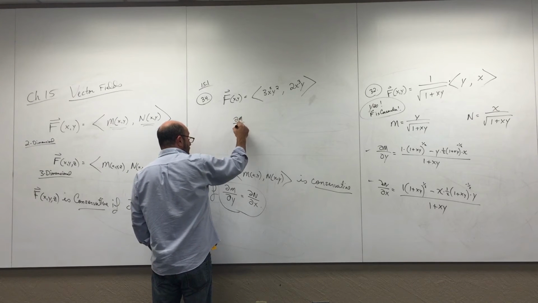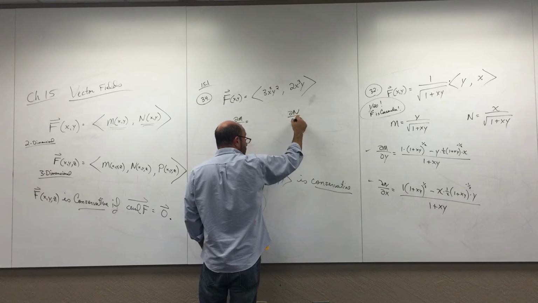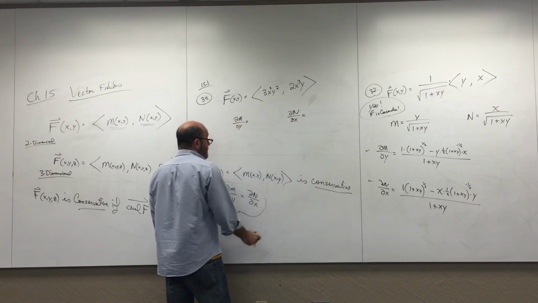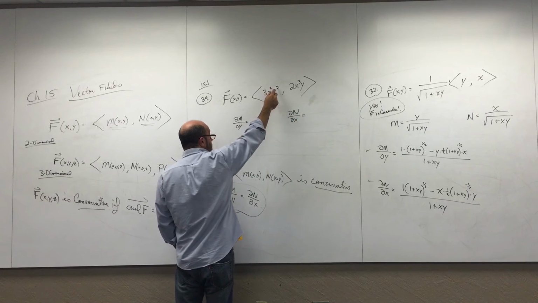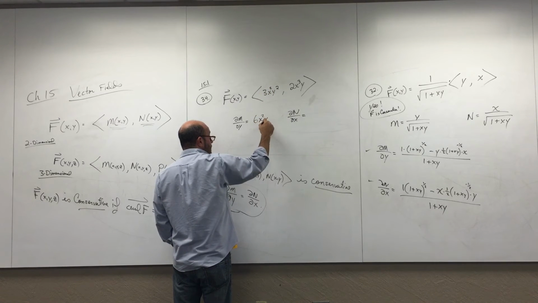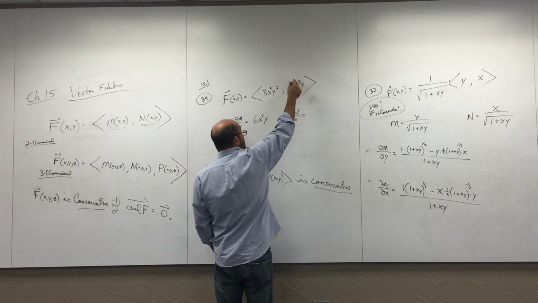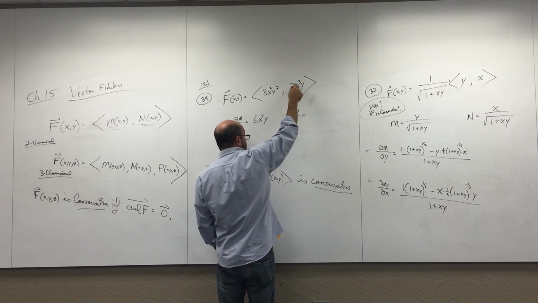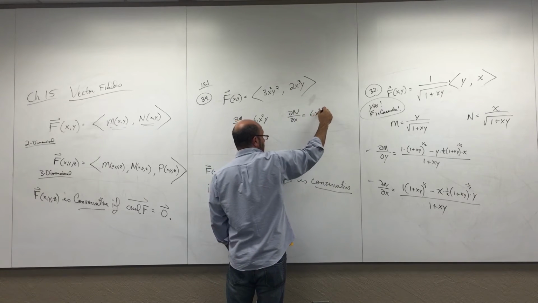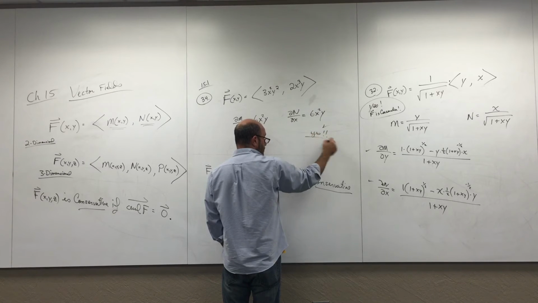I do dM/dy, and I do dN/dx, and I hope to see if they're equal. Let's see what happens. What is dM/dy? 6x squared y. Right. And then what's dN/dx? 6x squared y. Okay, then yes, it's conservative.